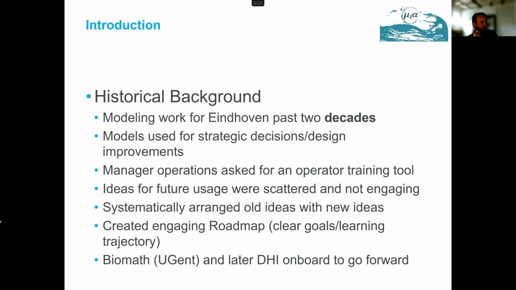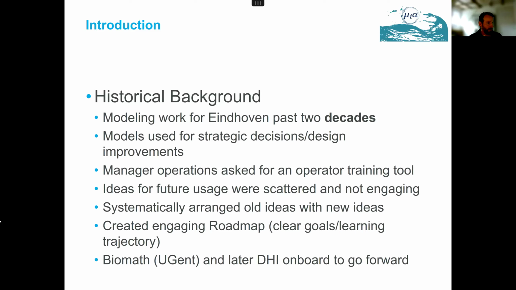Then we gathered all the scattered ideas and made a roadmap for a digital twin. First to make a simulator, and then we saw all kinds of possibilities that we could also include in the roadmap to make it engaging, which led our whole endeavor into the digital twin world.